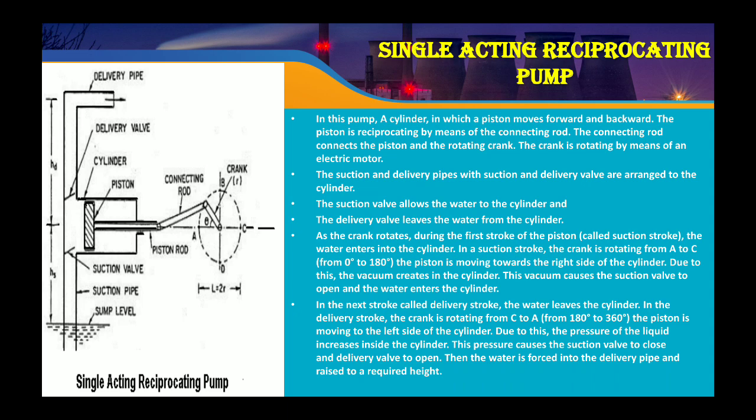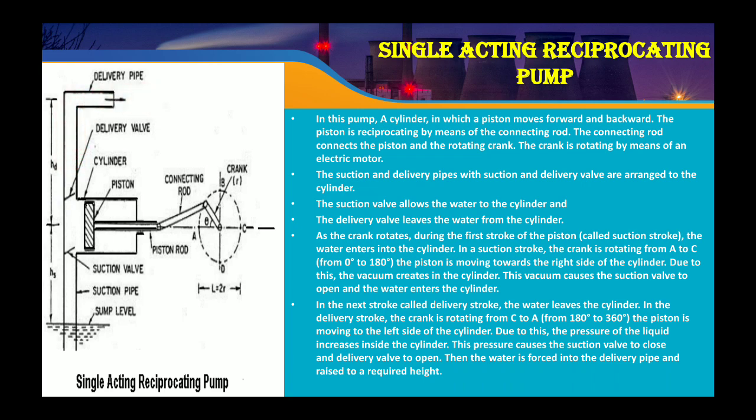Due to this, the pressure of the liquid increases inside the cylinder, and the pressure causes the suction valve to close and the delivery valve to open. The water is forced into the delivery pipe and raised to a required height. The piston pressurizes the water in the cylinder and it comes to the delivery pipe with the help of the delivery valve.